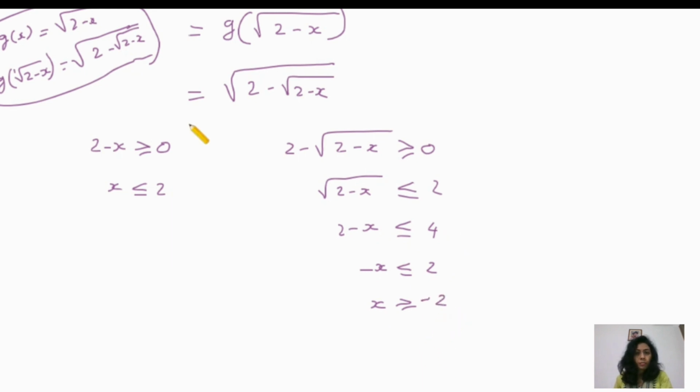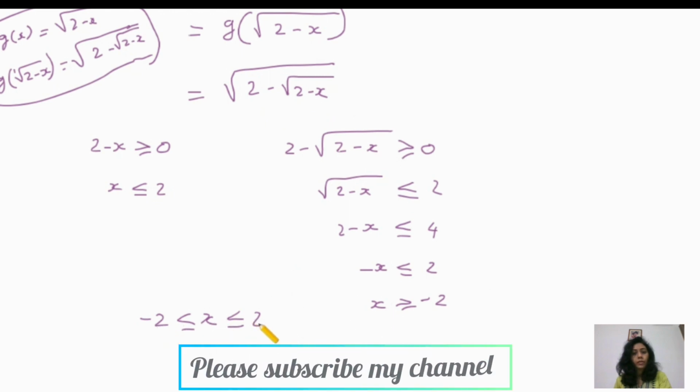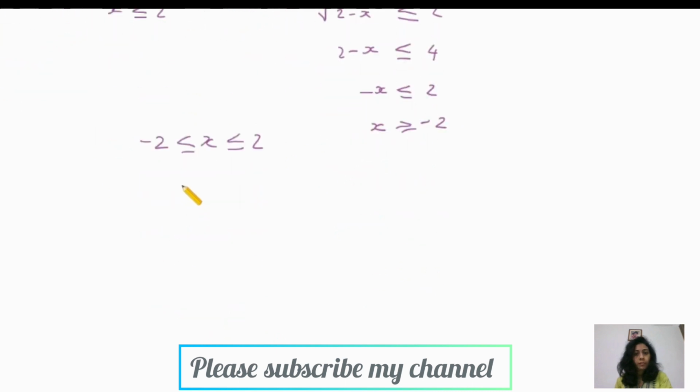Okay. So this is between minus 2 less than or equal to x, and x less than or equal to 2. So the domain is between minus 2 and 2, and minus 2 and 2 are included.